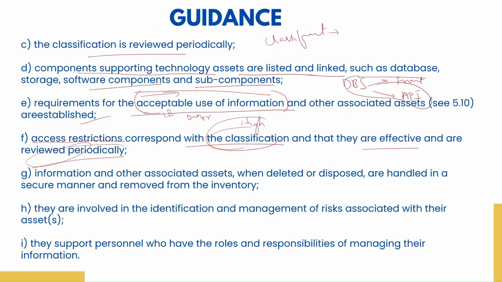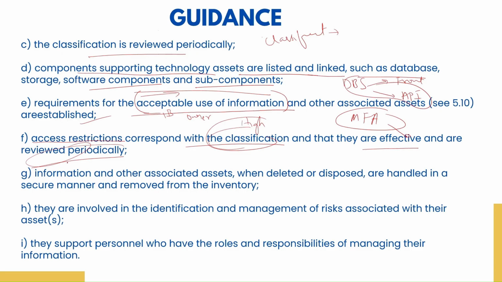All the access restrictions that you give to people, it is your duty to make sure that the access is restricted and given based on the classification that the asset is carrying. And these access restrictions should be effective. If you're saying that MFA is there and people are bypassing the MFA, it doesn't make sense. You have to make sure that MFA is strictly being used.